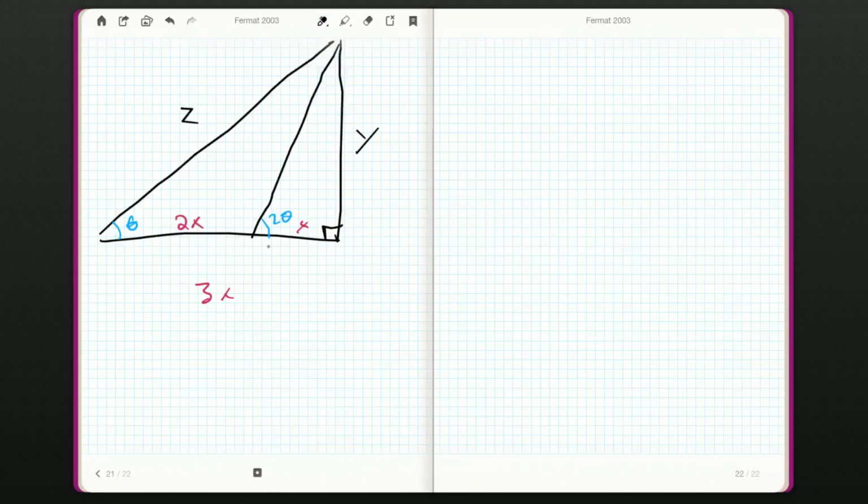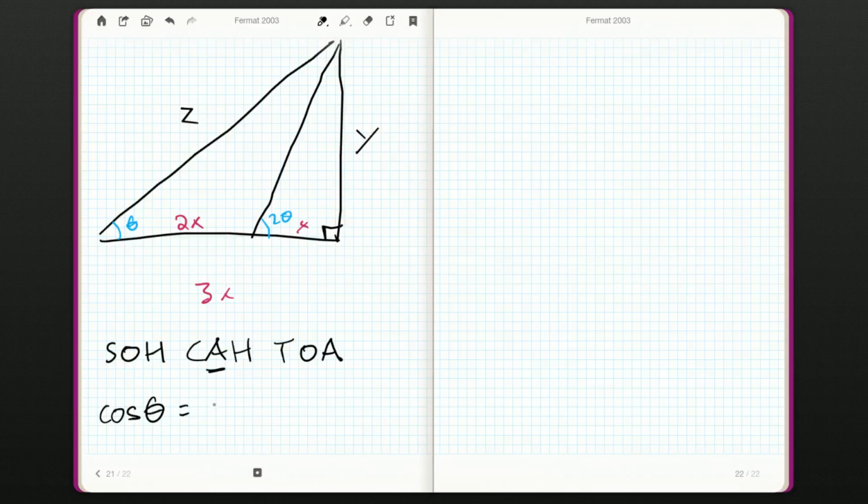So, trigonometry with the big triangle, just using SOHCAHTOA, I know that these angles, this 3x and this x are adjacent. So I know that cos theta is going to be 3x over z.